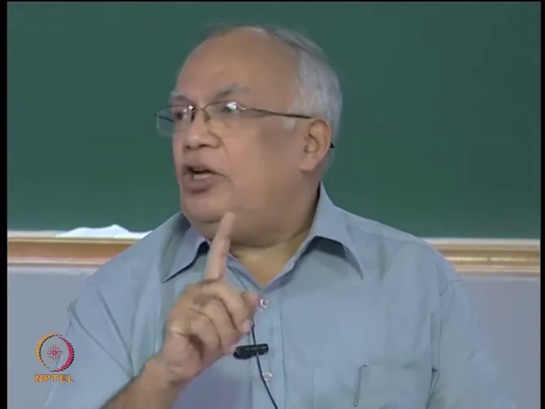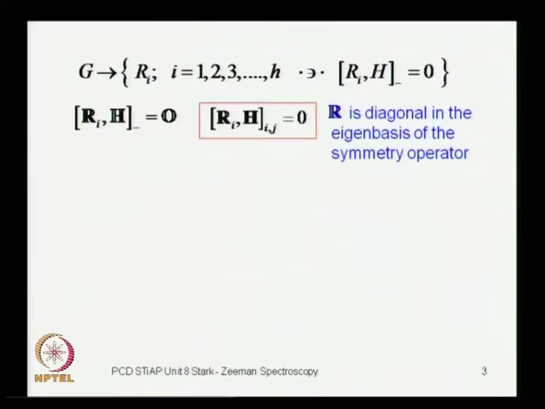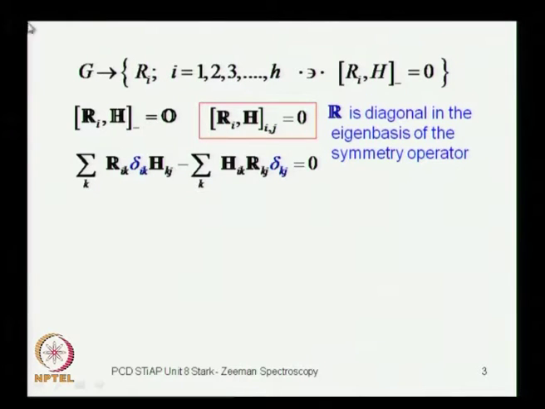Now you construct an eigenbasis of the symmetry operator. These are not necessarily quantum mechanical eigenstates, but these are eigenstates of the symmetry operator in which the symmetry operator is diagonal, and if you use the fact that the ijth element is 0, then necessarily it means that if you sum over k Rik Hkj minus sum over k Hik Rkj, then this sum would vanish, but R is diagonal.